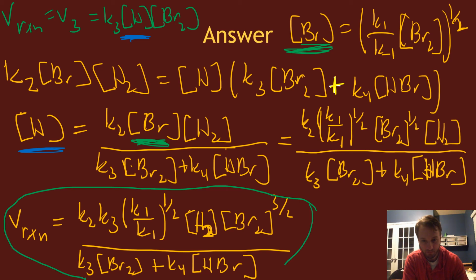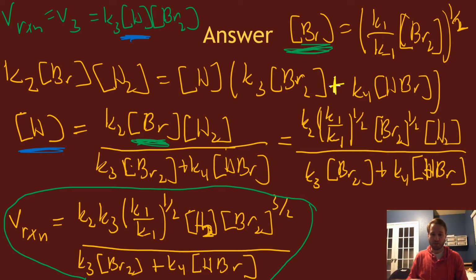Now, the original problem was saying that at very large concentrations of Br2, this is half order with respect to Br2. Well, for very large concentrations of Br2, that denominator is just k3[Br2] plus k4[HBr]. So for very large [Br2], that first term is much more important than the second, and so we can approximately remove that second term.